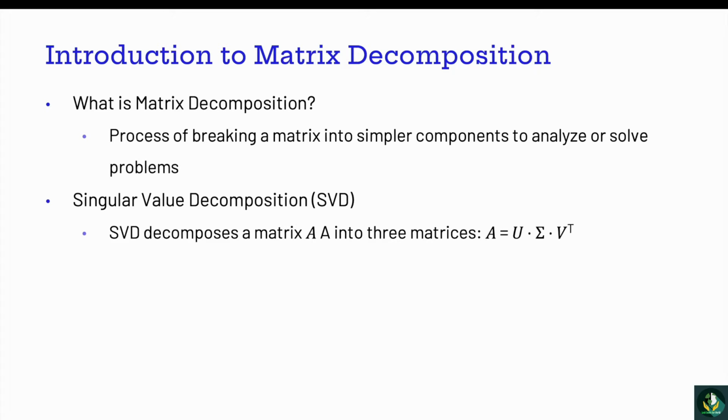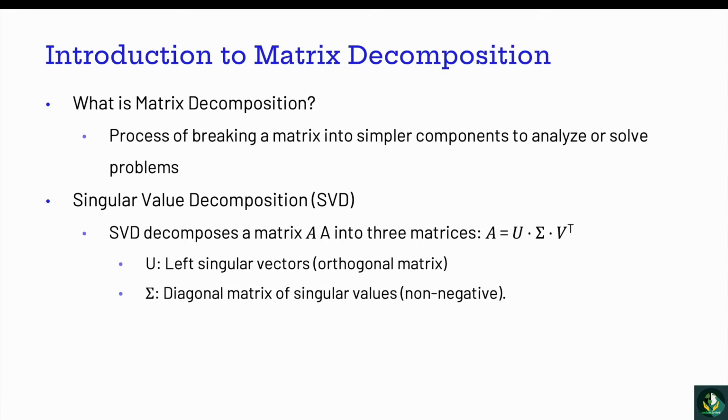SVD decomposes a matrix A into three matrices. We get A equal to U times sigma times V raised to T, where U is the left singular vectors or orthogonal matrix. Sigma is a diagonal matrix of singular values, which are non-negative. V raised to T is the right singular vectors or orthogonal matrix.